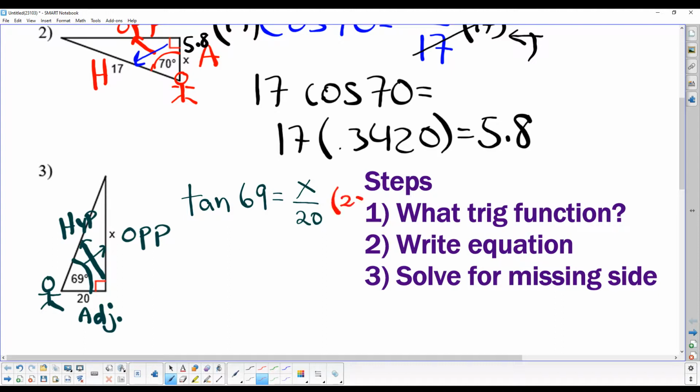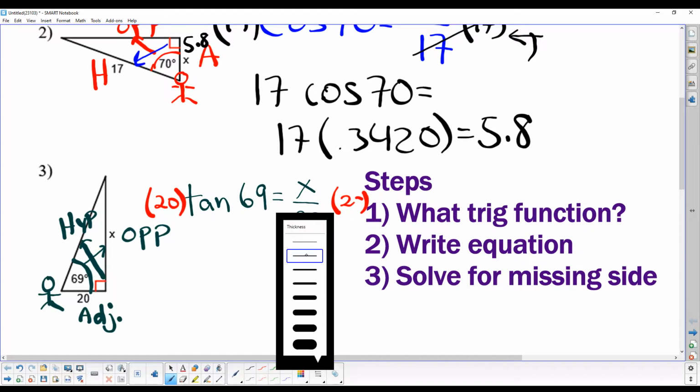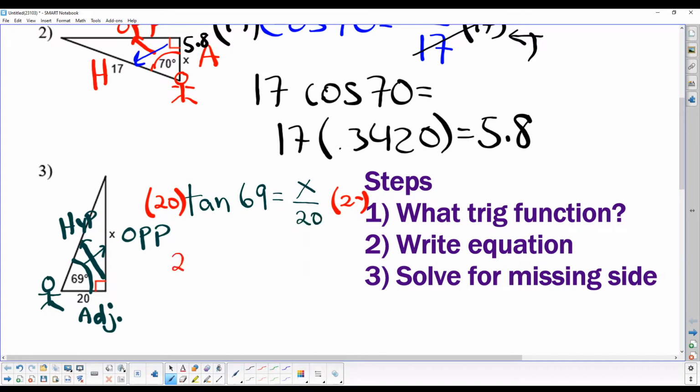Multiply by 20. What I have left is 20 times tangent 69 equals X, because these two cancel.